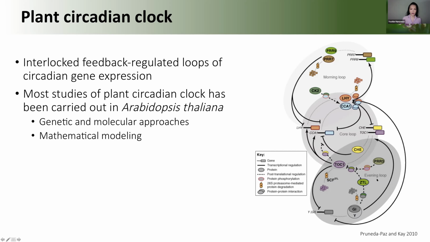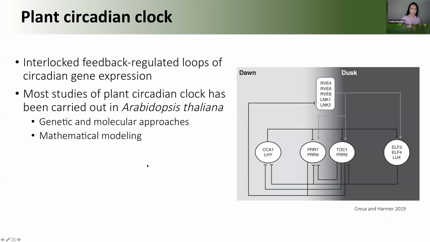Most of the studies, as I keep mentioning, have been done in Arabidopsis thaliana using genetic and molecular approaches. And also there are multiple mathematical modeling attempts, let's say. So that's the reason why we thought the circadian clock network is a great material to get started. But the Arabidopsis model has been developing.